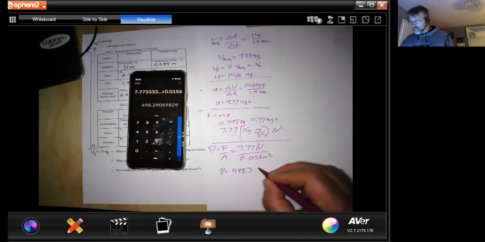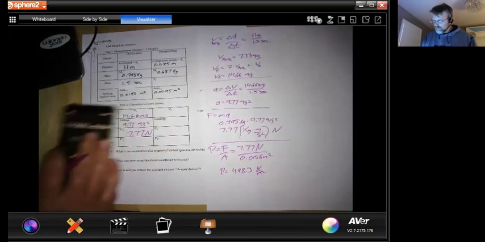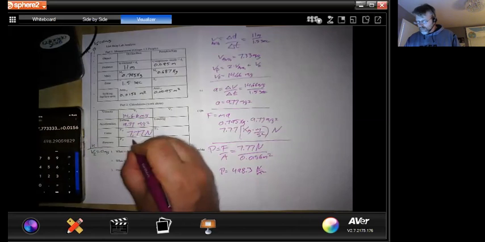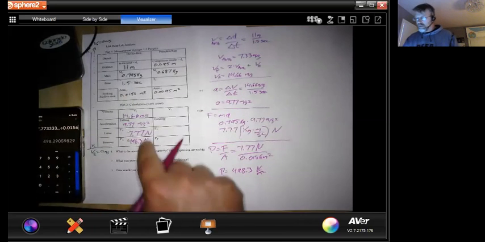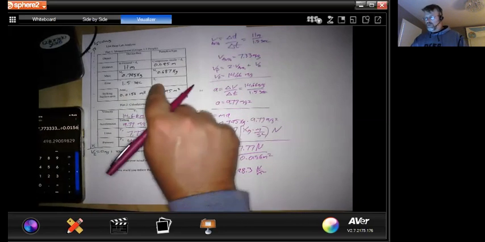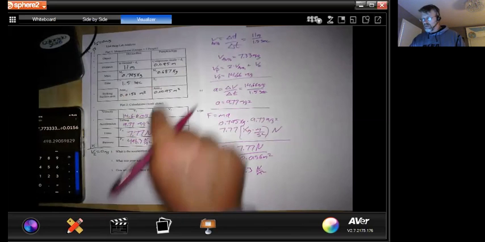We could call this pascals or newtons per meter squared.